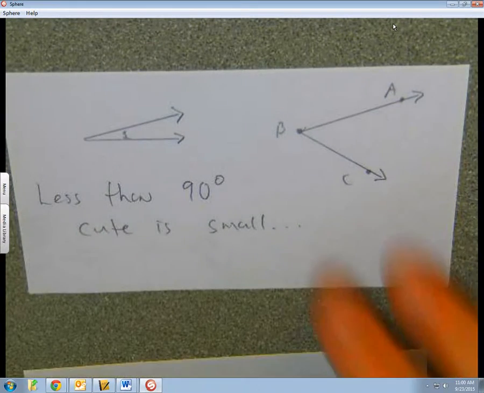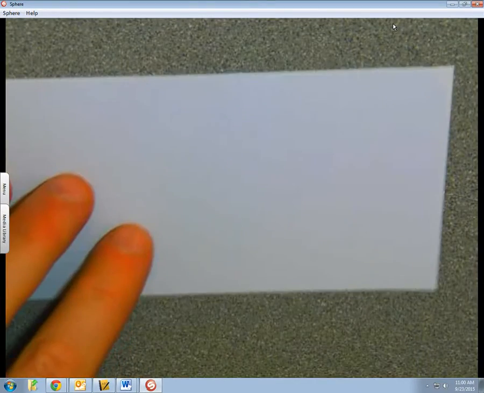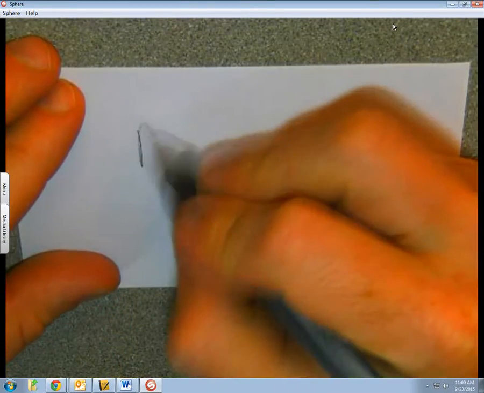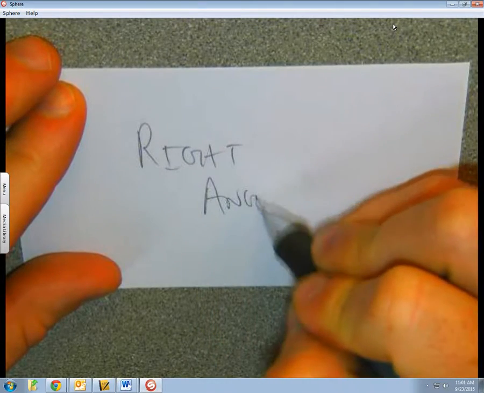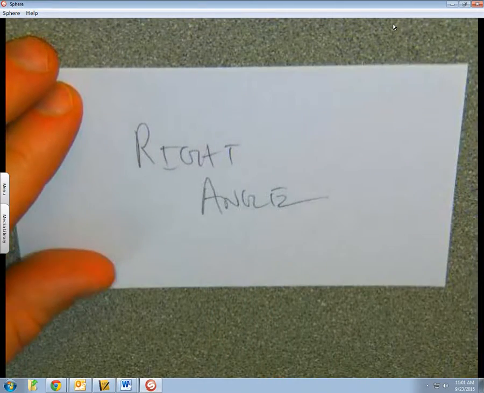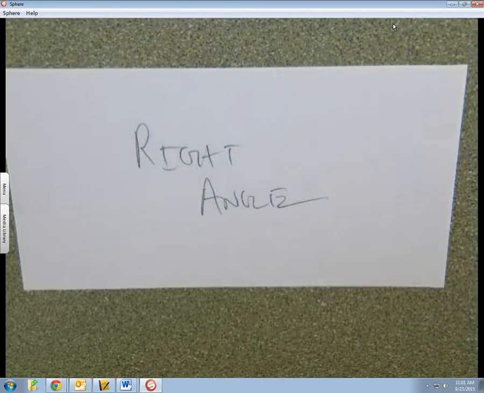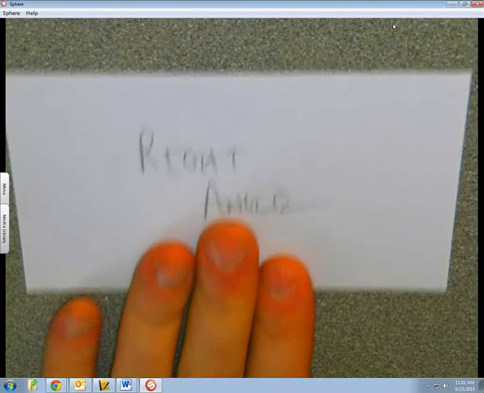Next one we are doing right angle. Let's draw some right angles.